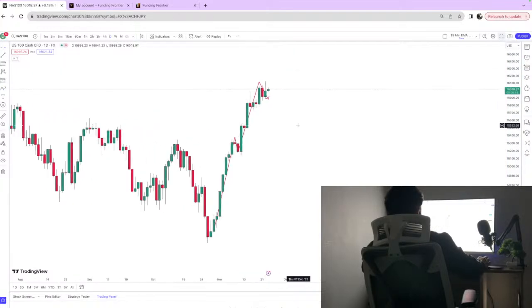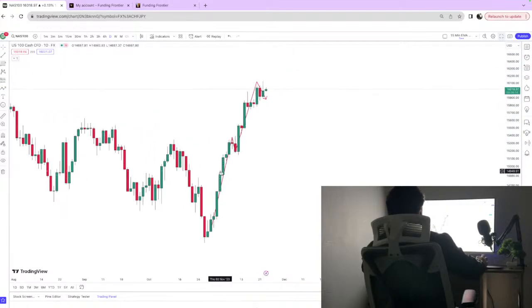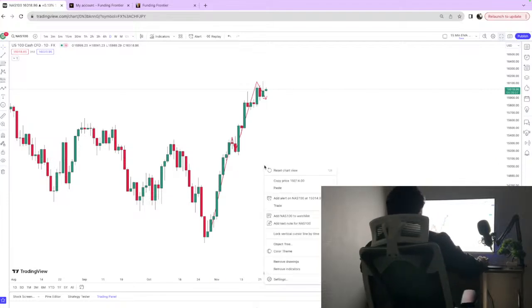Beginners, let me tell you that one candle in the daily time frame means a whole day, how the price moved in one complete day. So you can see that the market is going upside, in an uptrend for the past few days.